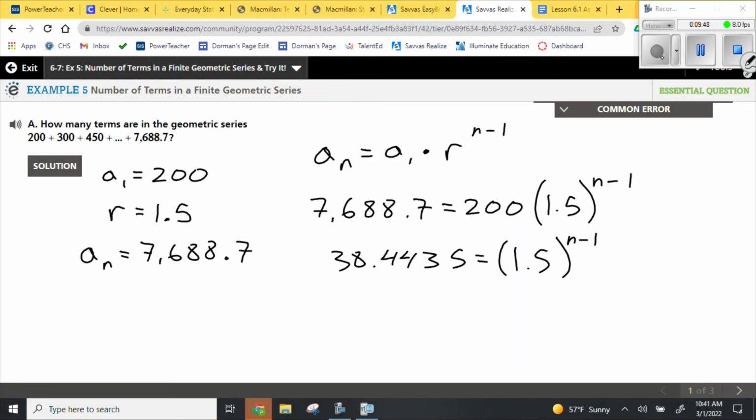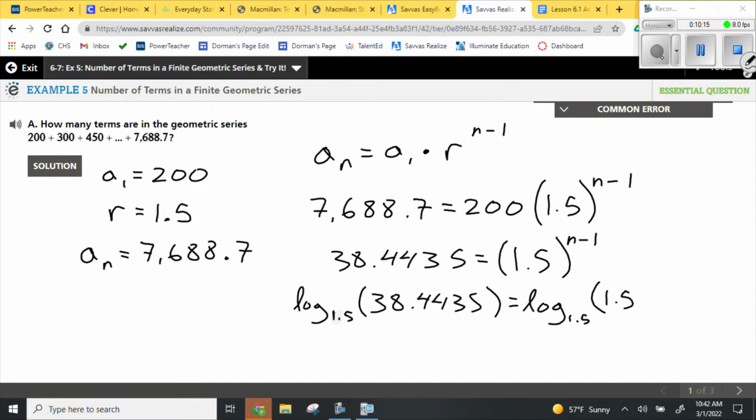I do that because it helps me eliminate a step. And we have the log base function on our calculators. The reason why I do that is so that I can pull that n minus 1 out, and it'll be there all by itself.